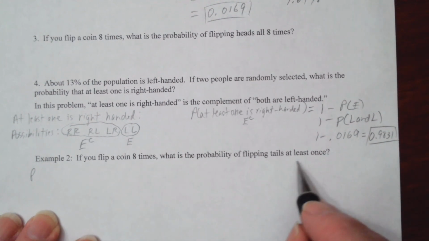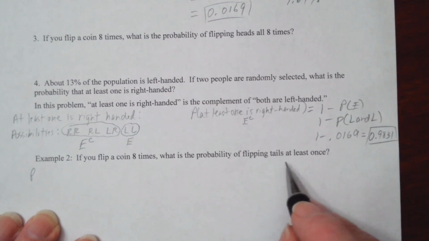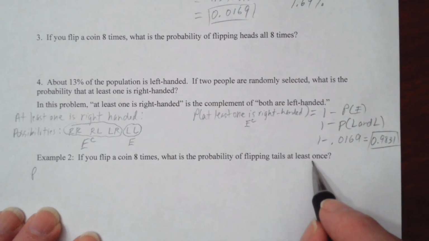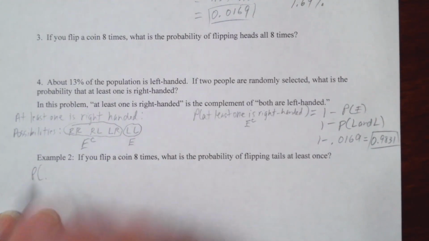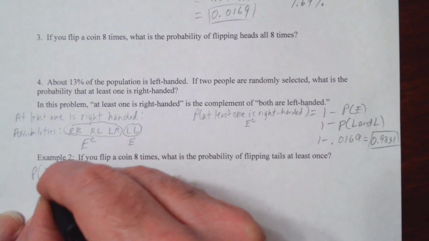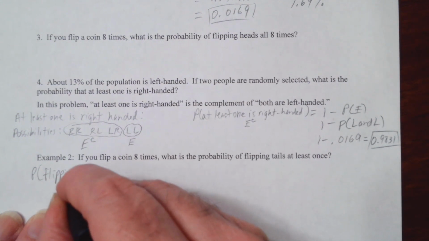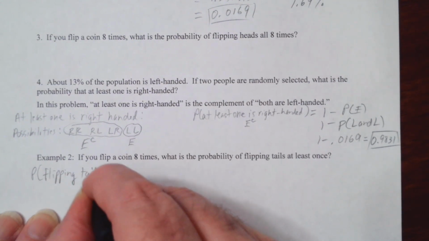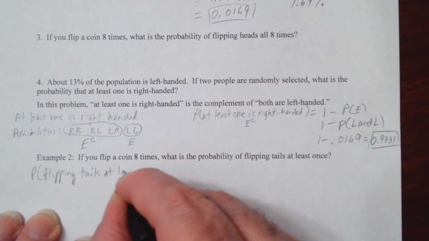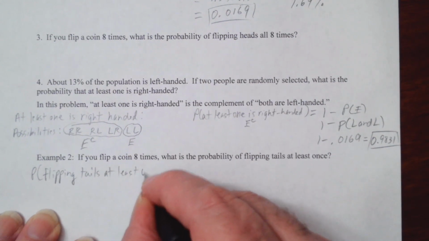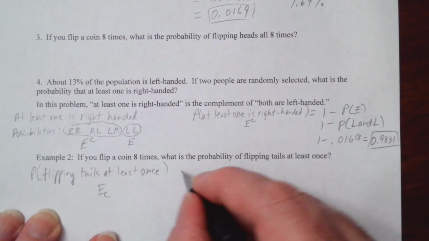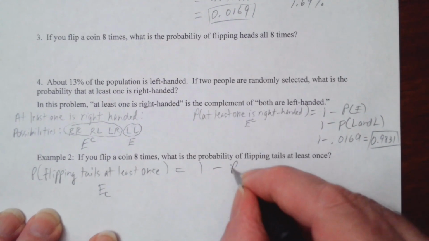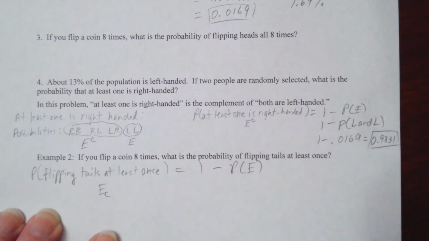And think about what would be the complement of flipping tails at least once. So that's our E complement, is 1 minus the probability of E.